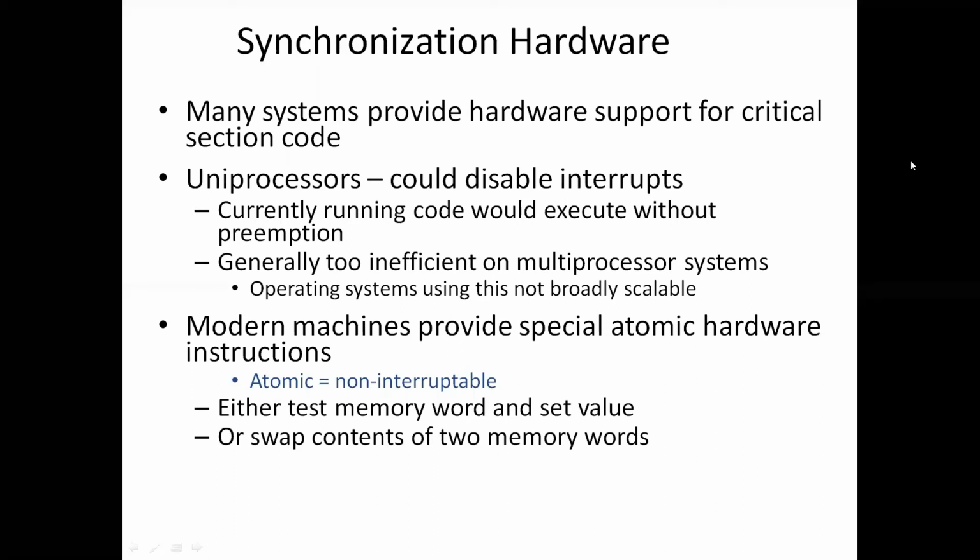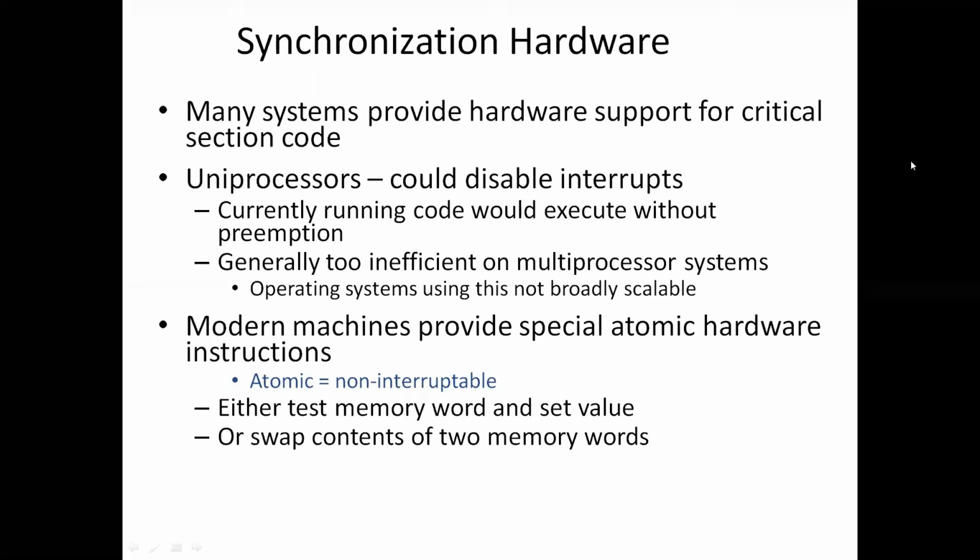The critical section problem can be solved simply in a uniprocessor environment if we could prevent interrupts from occurring while a shared variable is being modified. However, this solution is not feasible in a multiprocessor environment.